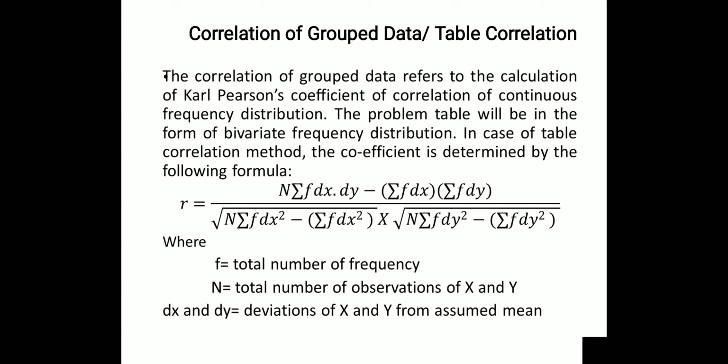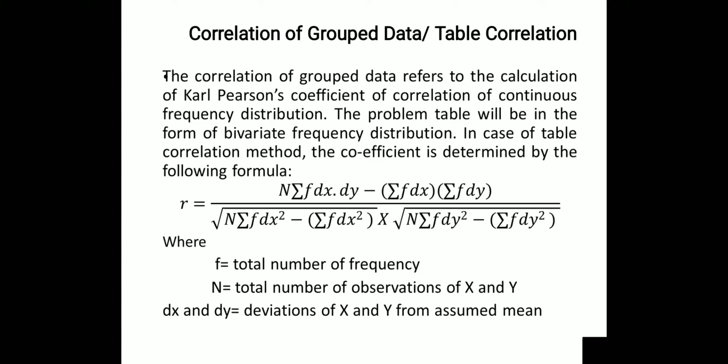In this table correlation method, the coefficient is determined by a different formula that is similar to the previous assumed mean formula, but we will be including frequencies in each of the concepts that we have used in the formula.